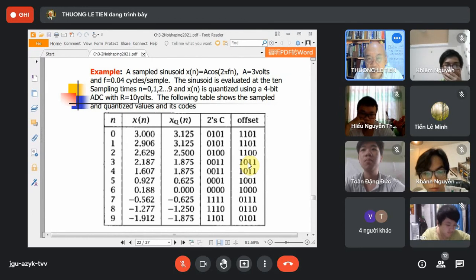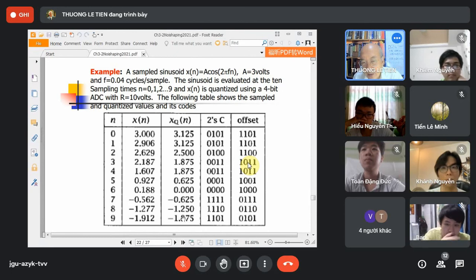Then when you know the SQ, just map to the code table, lookup table, and then you can work out the two's complement. And bear in mind, the negative value cannot be applied to the natural binary code.